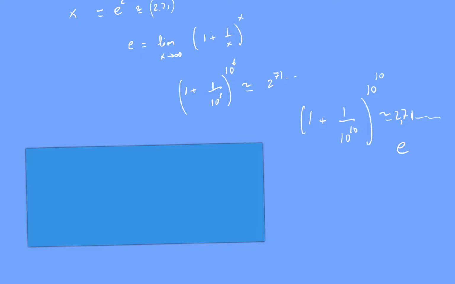In the limit it will converge to the number e. The number e is an irrational number. It cannot be written as the quotient of two integers. E is irrational. Okay, next problem.